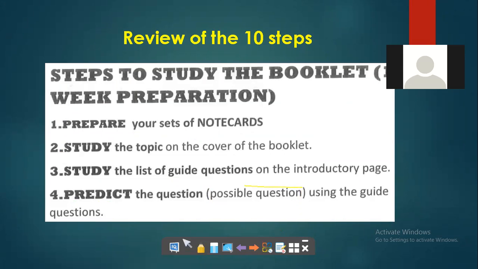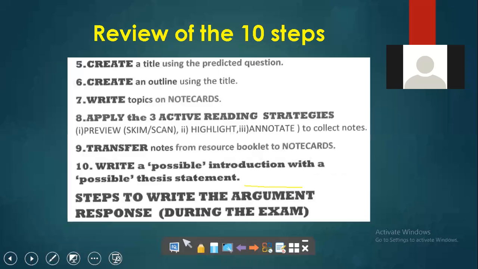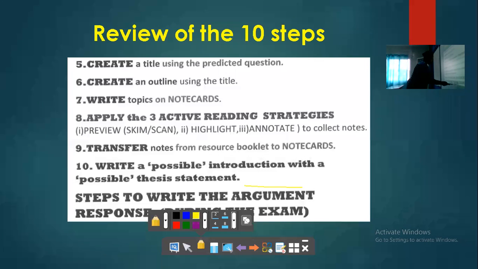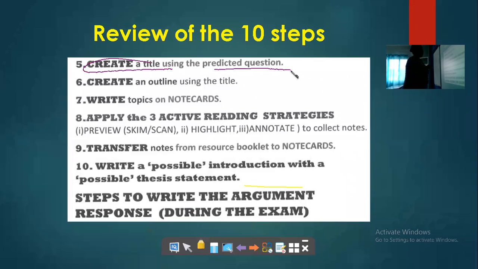Now, which way do I go? Okay, the next step, create a title using the predicted question. So after this page, what are you going to do when you have created your title? You have created a title using the predicted question.